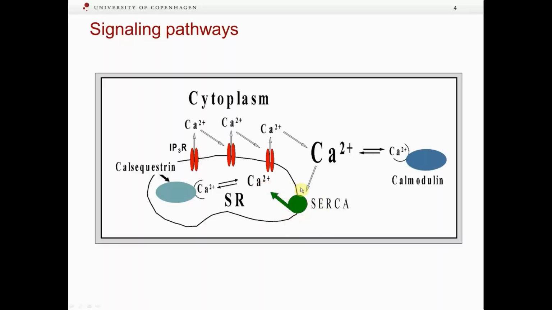Calcium is reuptaken into the lumen of the SR through the action of an ATP-consuming pump, the SERCA pump, sarco or endoplasmic reticulum calcium ATPase, which is responsible for keeping the concentration of calcium very high in the lumen, approximately 10,000 times higher as compared to the resting concentration here in the cytoplasm. Inside the lumen of the SR, calcium is also buffered by specific proteins such as calsequestrin.